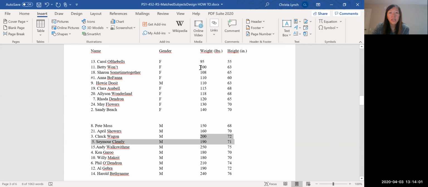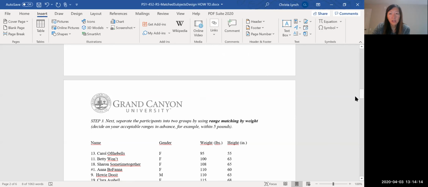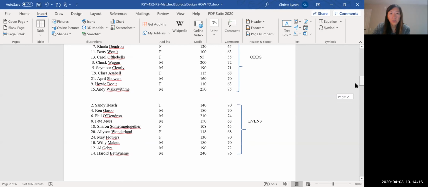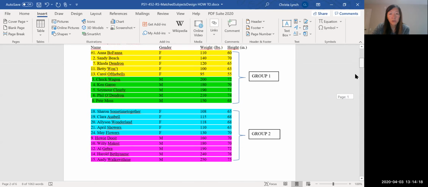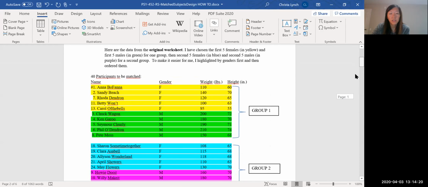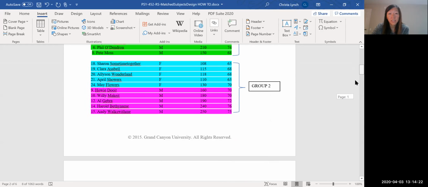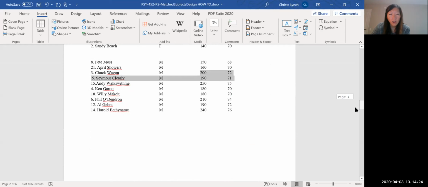But the point is that we want to get variability in all of these columns. And in order to do that, what we're doing is just shuffling them around as randomly as possible. And you can see that the numbers are different based on how we randomized everything. Okay.